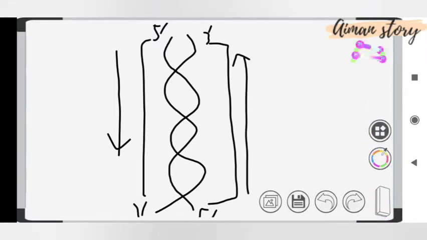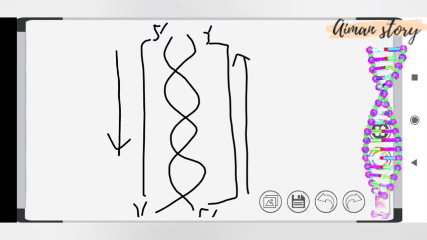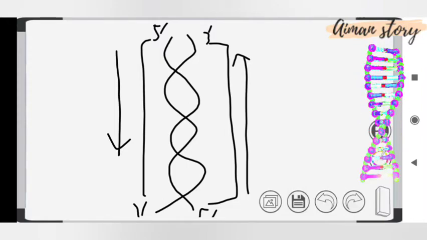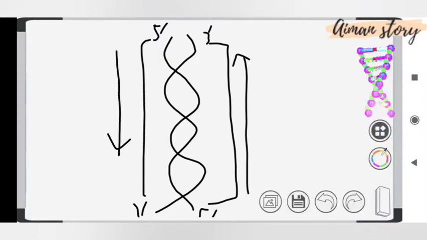Based on the model, James Watson and Francis Crick deduced the structure of DNA is something like this.